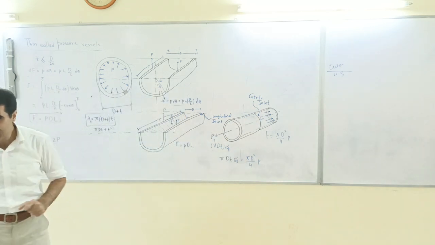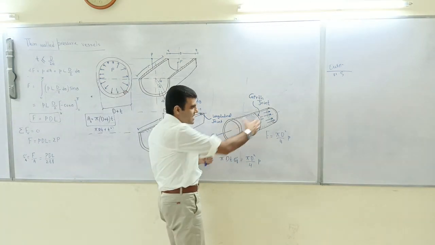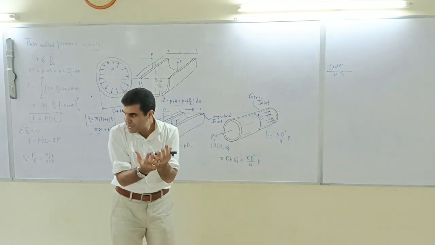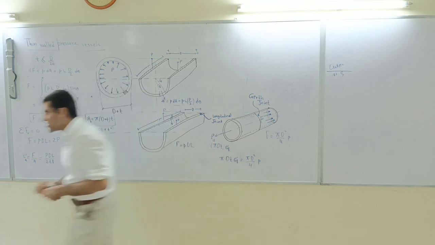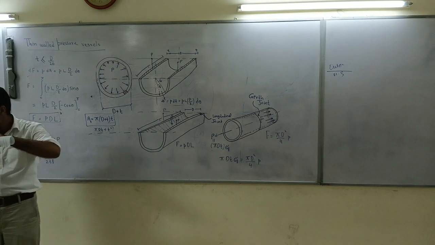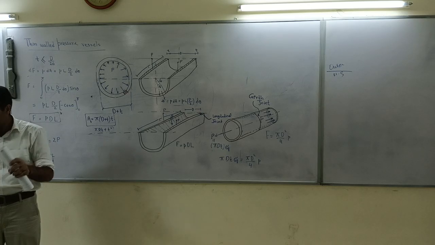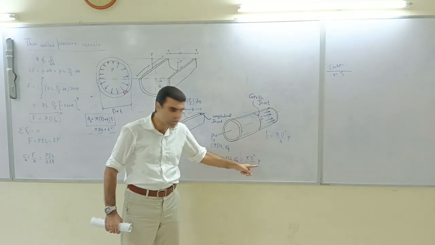And please notice, we have taken pi d square by 4. So this can be a spherical stop. But even in the case of a sphere, if the end plate is spherical, or if it's a straight circular one, whatever it is, you will get pi d square by 4 times pressure.